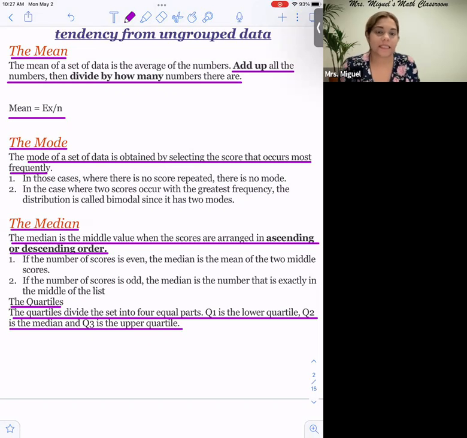Now remember that this set of data is ungrouped, meaning that it is raw data and it hasn't been arranged or organized in any way. Okay? All right, are we finished?